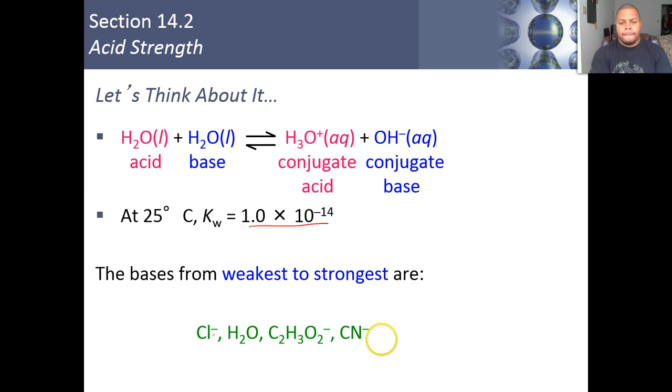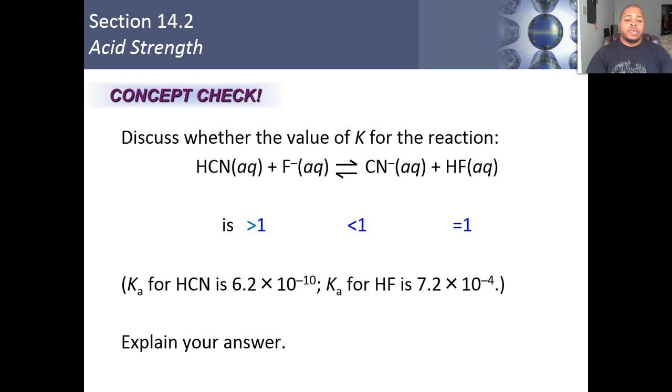Okay? Now, the next question asks us to discuss whether the value of K for the reaction is going to be greater than 1, less than 1, or equal to 1. Based on what we know and understand, it's going to be less than 1. What do I mean?